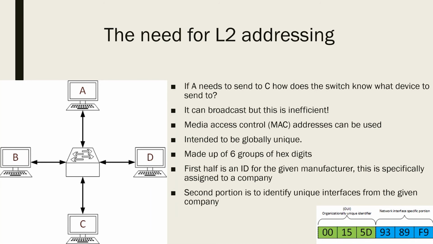So that second portion, this 9389F9, is a randomly assigned set of values. And while they look like they might be normal digits, 1 to 9, representing 10 values, they're actually in base 16, what's called hex digits.